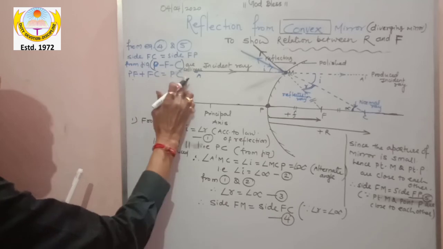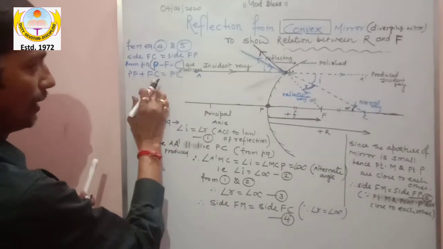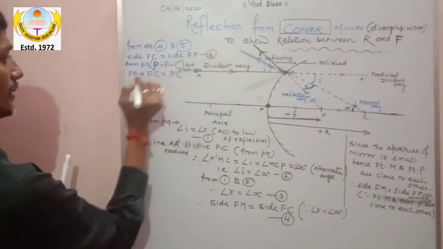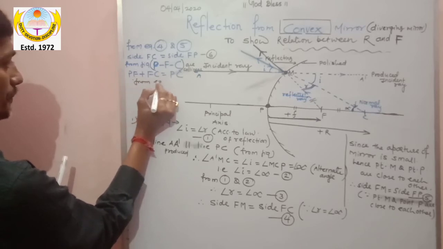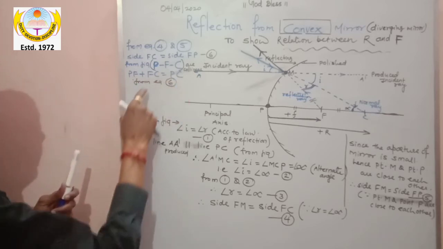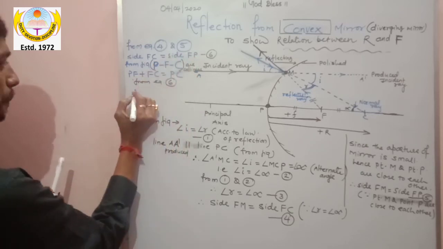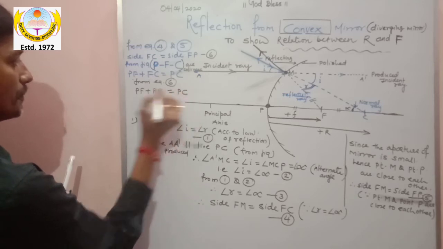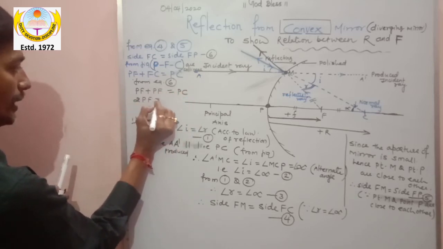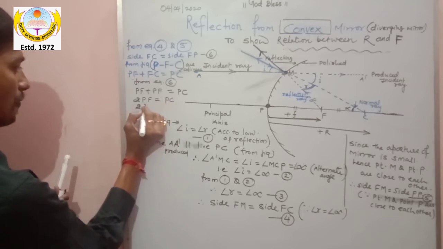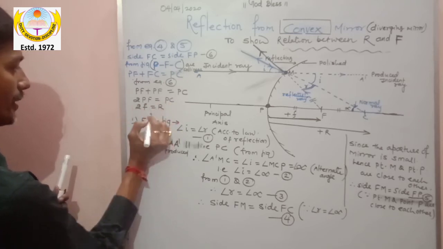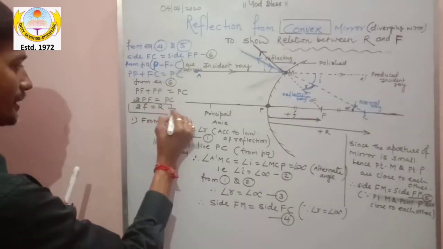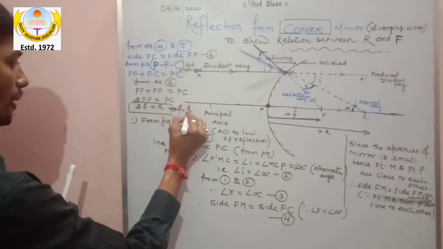So PF plus FC is equal to PC. Let's put it as 6. From equation 6, FC is also FP. So PF plus PF is equal to PC. So 2PF is equal to PC. That is 2F is equal to R, which implies F is equal to R by 2.